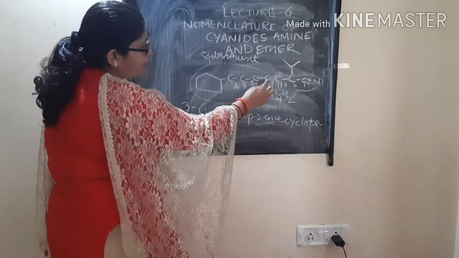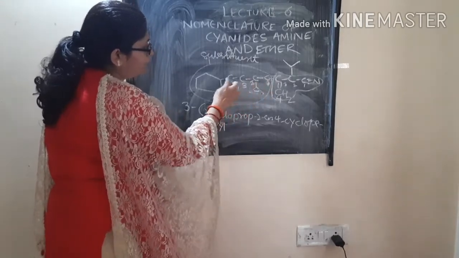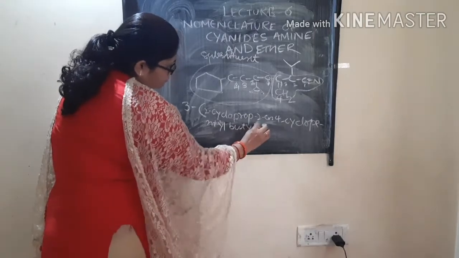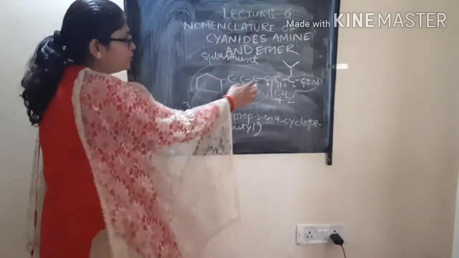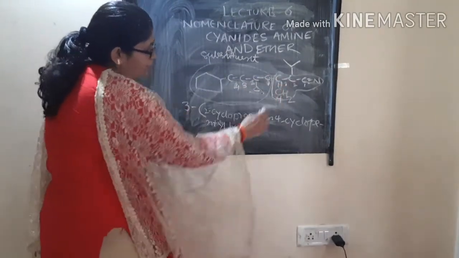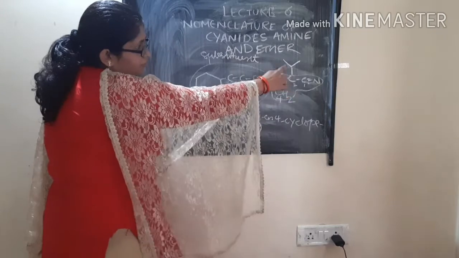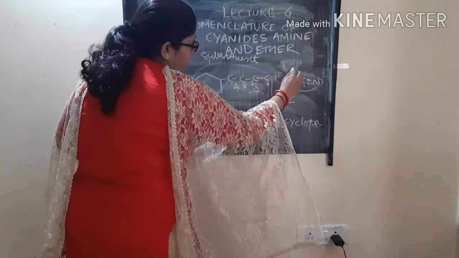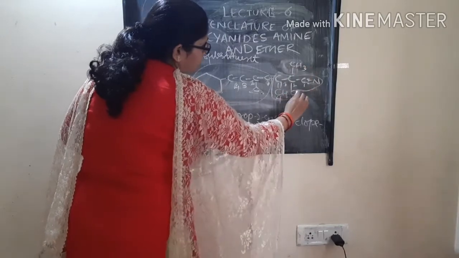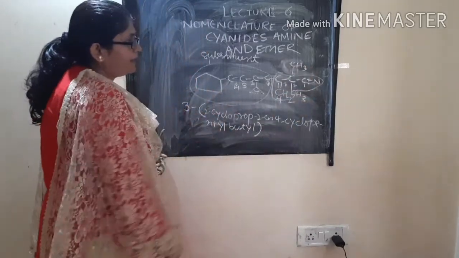Then how many carbons in this substituent? 1, 2, 3, 4. Butyl. So this will be the whole substituent. Now at the second position you have 2 methyl groups, like this. Understood?